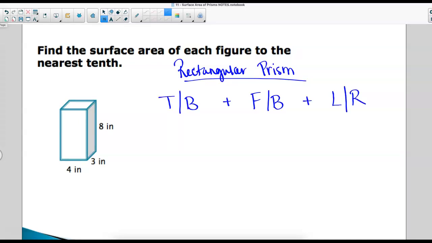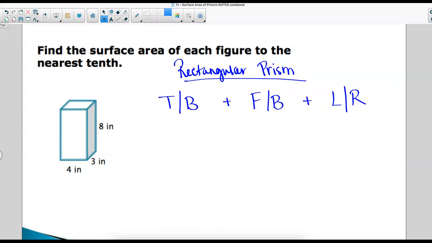Okay, now I wrote it that way because on a rectangular prism, tell me about the top and the bottom. They're the same, right? Tell me about the front and the back. Same. Left and right? Same. So if I find the top, it's easy to get the bottom because I just double it.